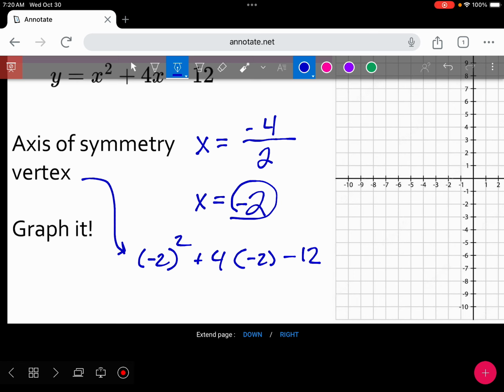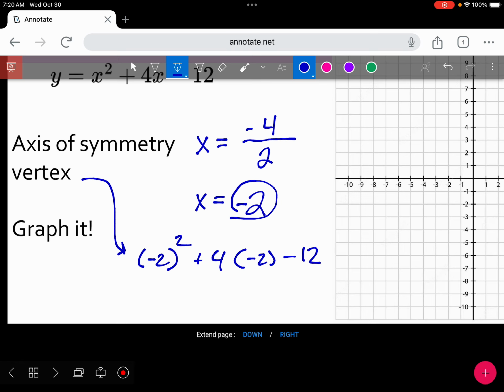Negative 6. A couple of different ones. The negative 2 squared, that's going to be 4 minus 8 minus 12. Yeah, we're going to wind up at negative 16.